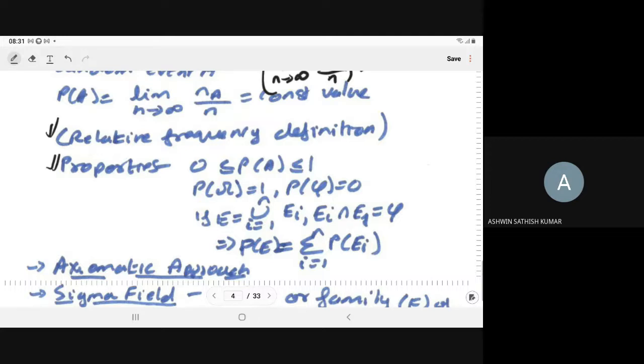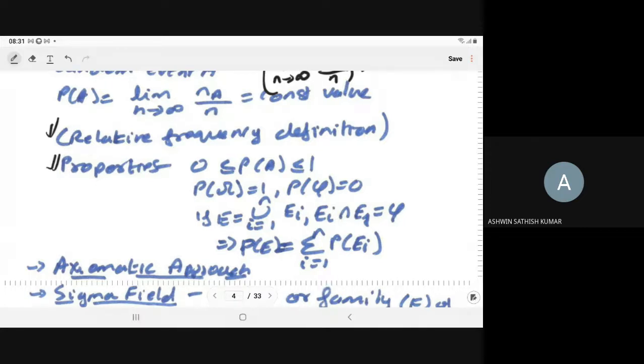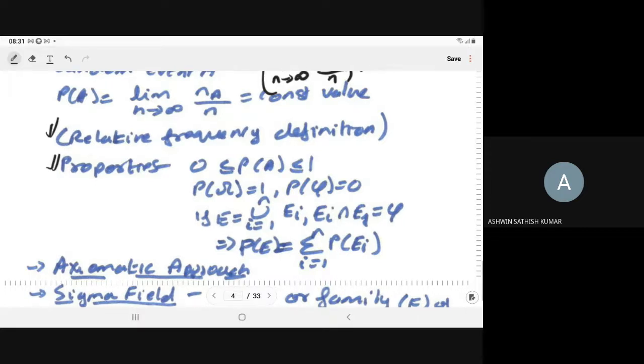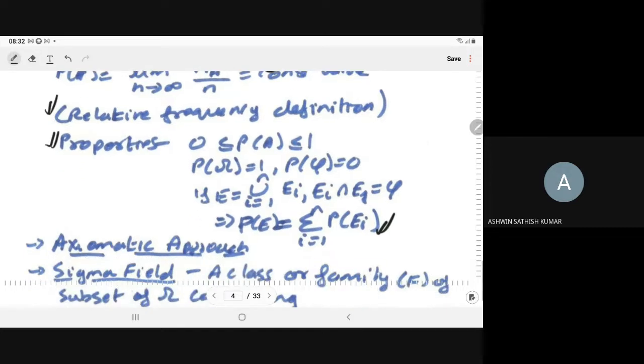The probability of an impossible event is always 0. And if we have the union of events and the events are mutually exclusive, then the probability of occurrence of the union is equal to the summation of the probabilities of all the events. Let us see all these properties one by one.